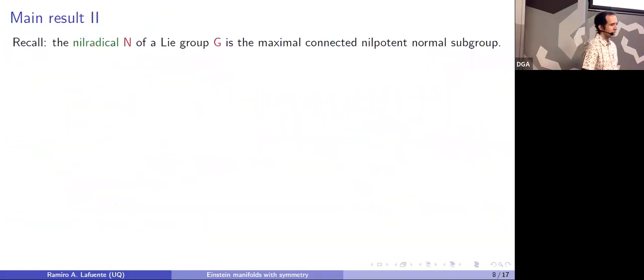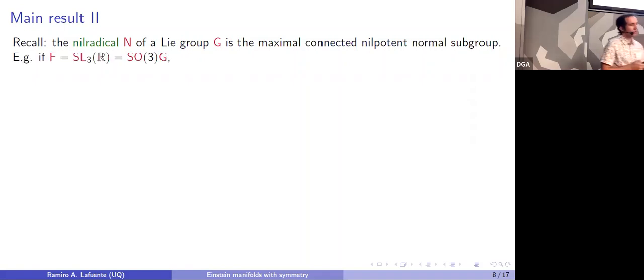So to present the second main result, the result in the context of Einstein principal bundles, I need to tell you a little bit more, namely this notion of the nil radical of the Lie group. I hope many of you will know this, but I usually have to explain it for different audiences because this is not so well known outside of Lie theory. It's a maximal connected nilpotent normal subgroup.